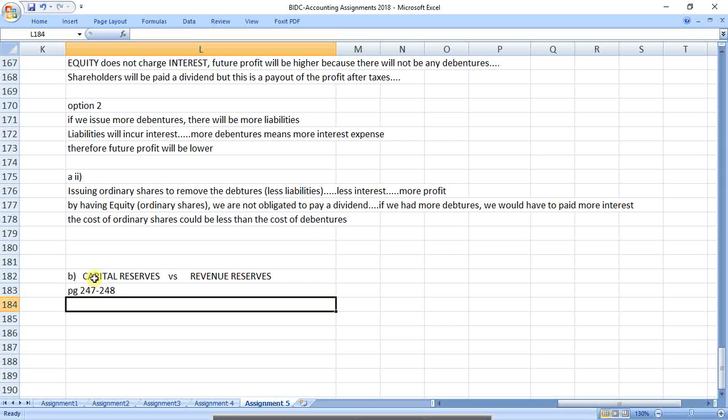Okay, so we'll do revenue reserves first. Maybe just write the definition as is. I'll just read it out and you can write it down.